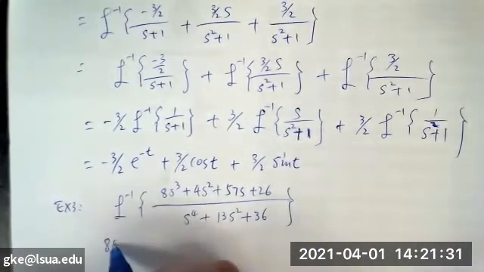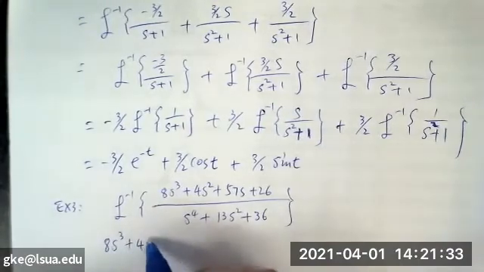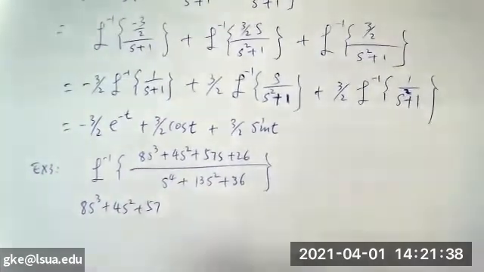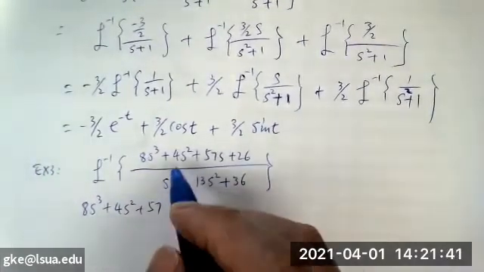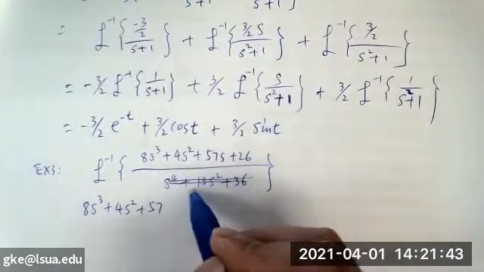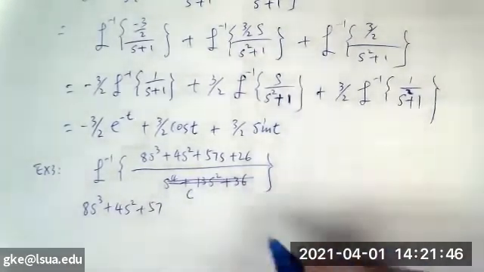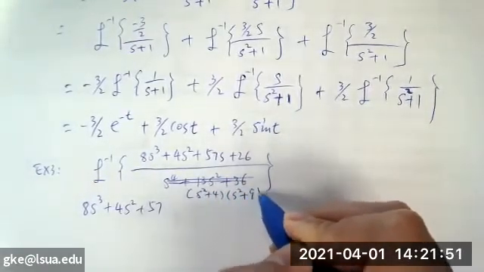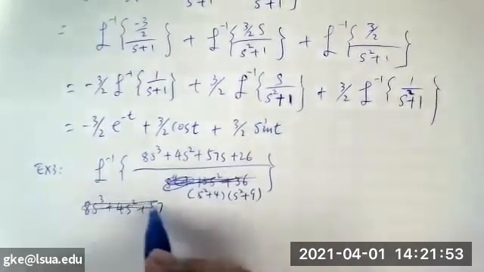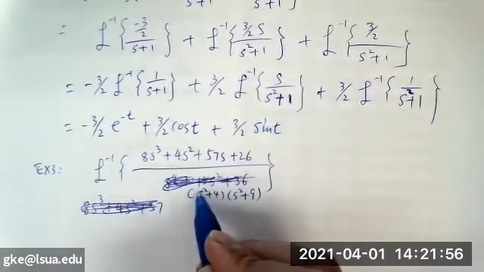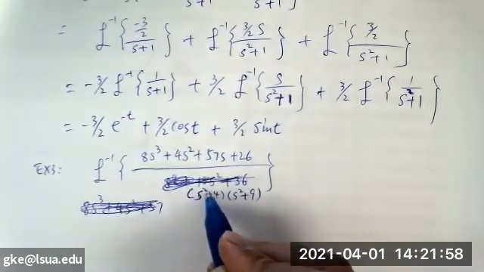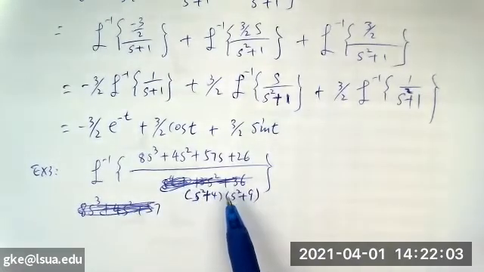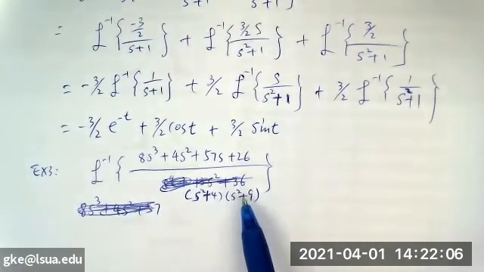Okay, and what are we going to do is partial fraction decomposition. Oh, sorry, I change it a little bit to make this problem a little easier, otherwise it's too complicated. In the denominator is (s squared plus 4) times (s squared plus 9).